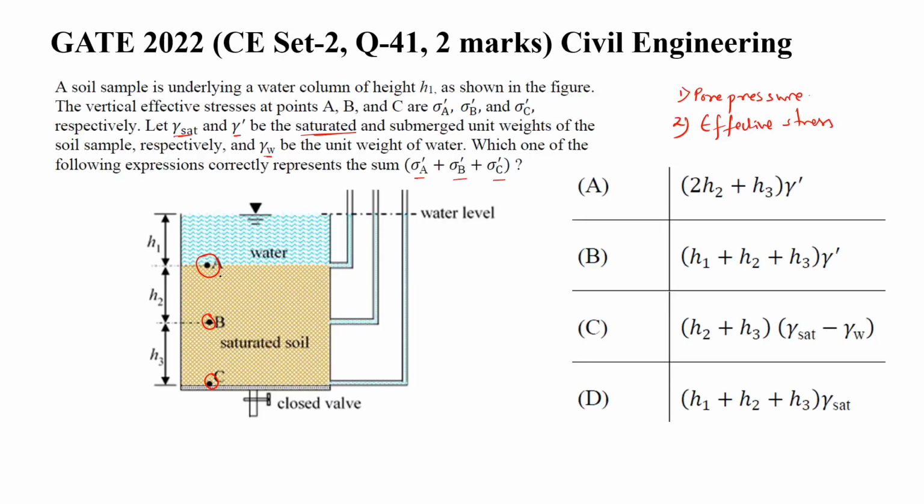One is water of height h1 and another column is soil sample. This soil sample is also divided into two parts, h2 and h3, but it is totally soil. It is divided just to denote a point B, and this is a point A, and this is a point C. That is what is given in the question.